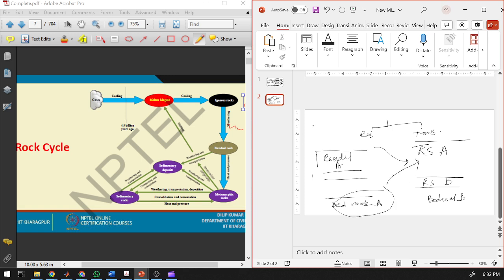But if I am saying that I have an organic soil, it means that there has been vegetation here. So this soil A will be organic. But when it gets transported, let us for instance say that there is no vegetation here.